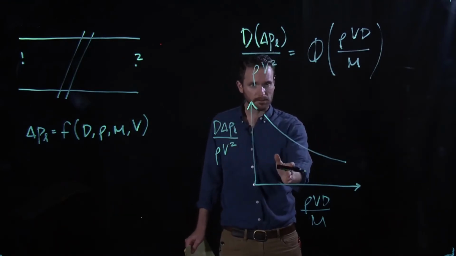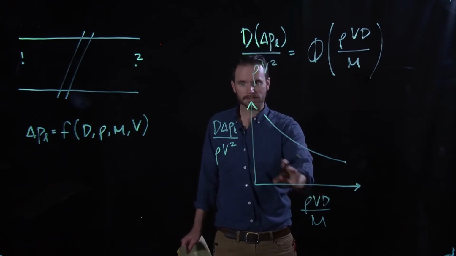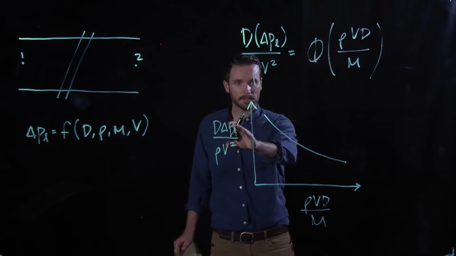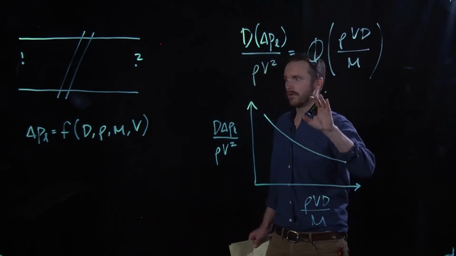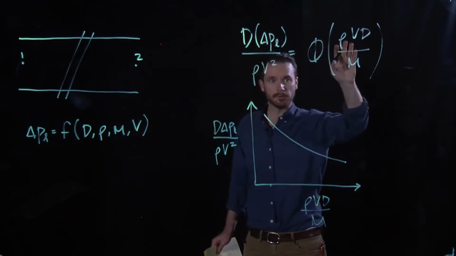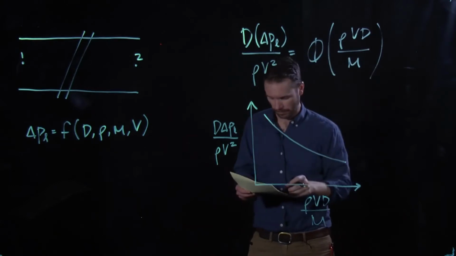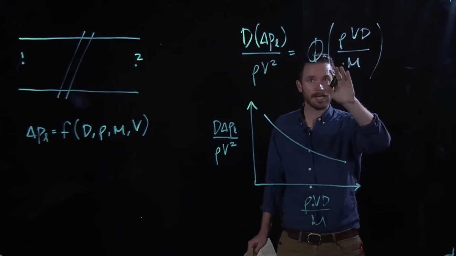Increase the velocity a little bit, calculate this, measure delta p at that new condition, right? And so what we've effectively done is simplify our system down from 5 different variables to 2 different dimensionless parameters.